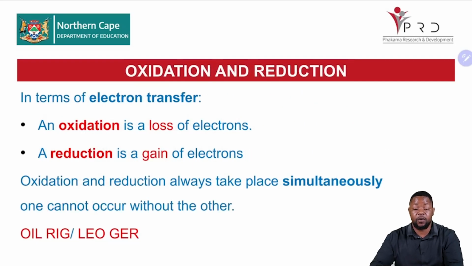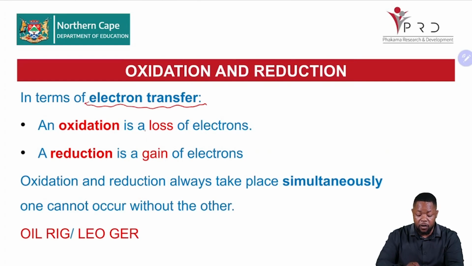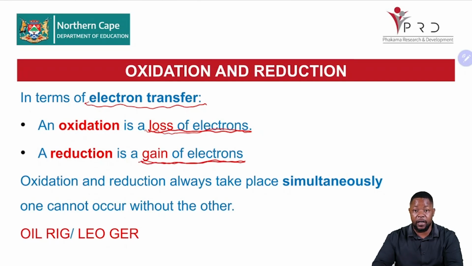Now, let's define oxidation and reduction, firstly in terms of electron transfer. Oxidation in terms of electron transfer is the loss of electrons, and reduction in terms of electron transfer is the gain of electrons.